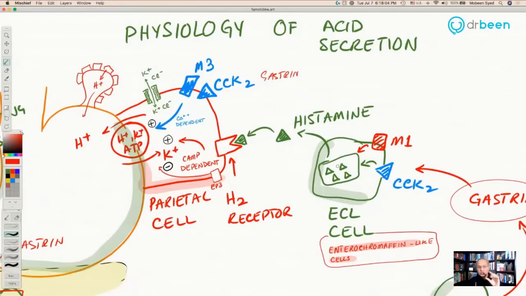The vagus nucleus and hypothalamic nucleus in our brain can send signals which can trigger these cells, which in turn can make histamine, which would then cause acid secretion and increase the acid levels. And this vagal stimulation can occur because of stress as well. So normally, people who are under stress may develop ulcers because of this mechanism.